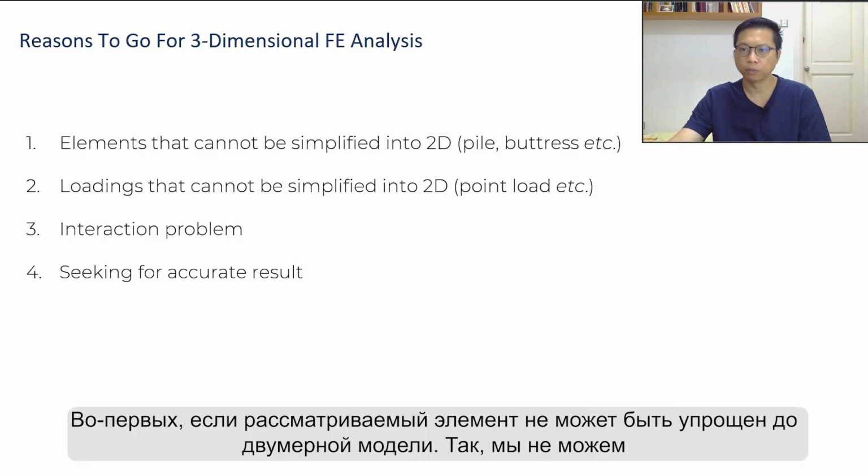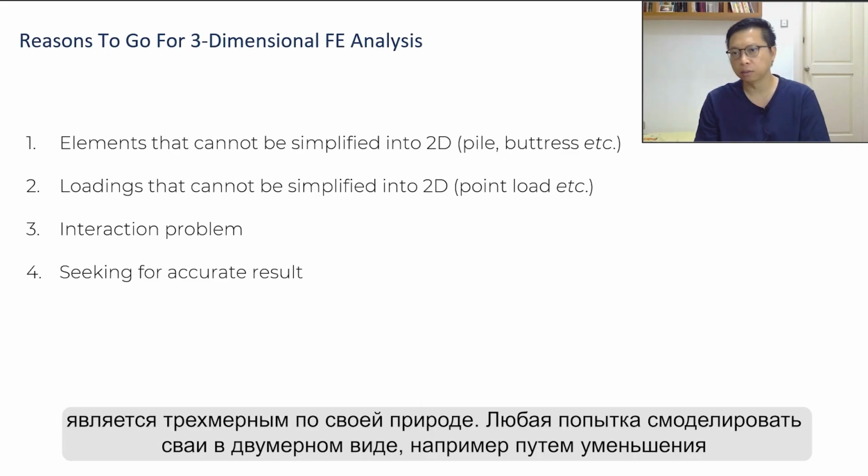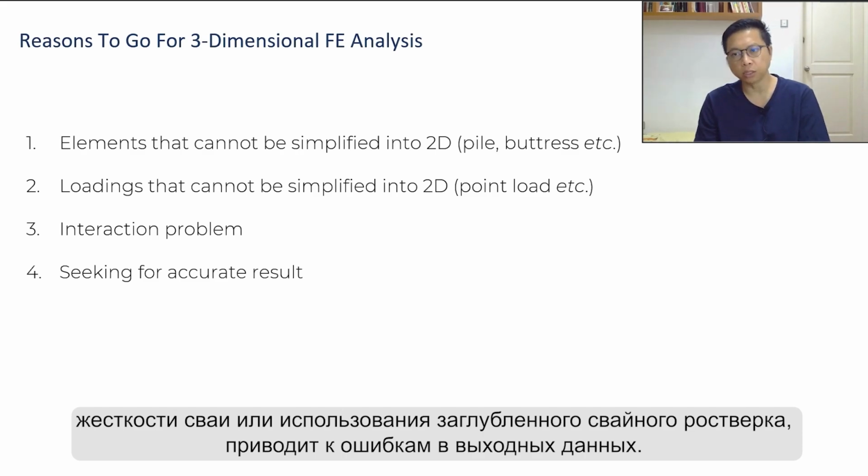Number 1, when your element cannot be simplified into a two-dimensional model. There is no way we can model piles in a two-dimensional model simply because the soil that is flowing around the pile is three-dimensional in nature. Any attempt to model piles in two-dimensional, like reducing pile stiffness or using an embedded pile row, results in getting error in output.